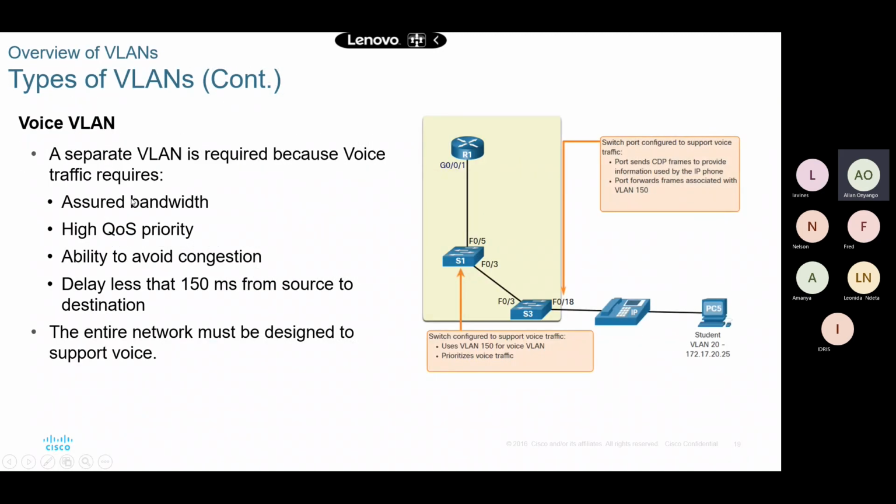Of course, we have the voice VLAN. This is for carrying voice traffic when you're using Voice over IP gadgets. We have a separate VLAN which will be used to carry the voice traffic, and it will have quality of service and assured bandwidth for all the voice traffic.